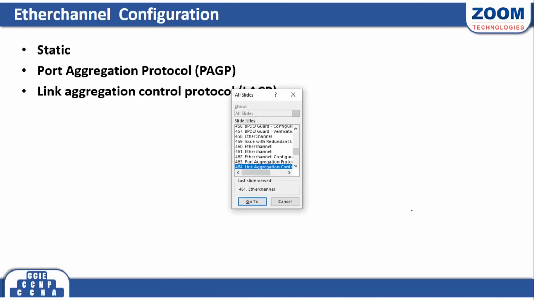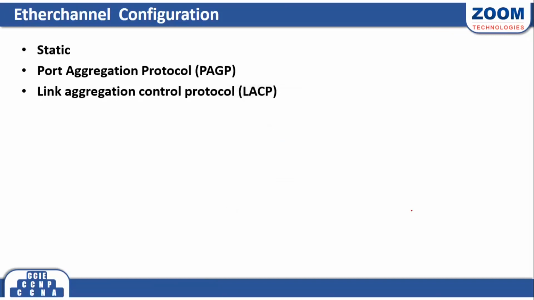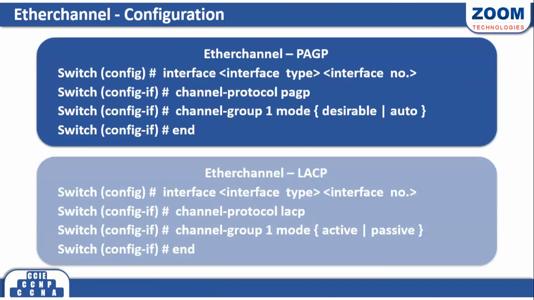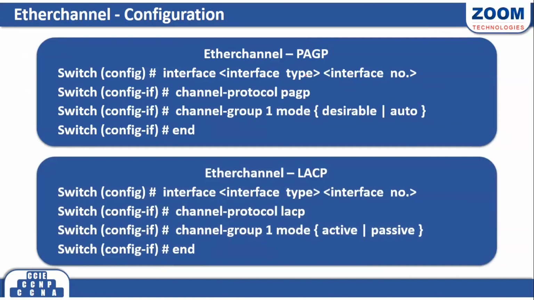Let's see the configuration part. This is the configuration for PAgP and LACP. Interface, Ethernet port numbers, channel protocol. First we need to enable the protocol, either PAgP or LACP.